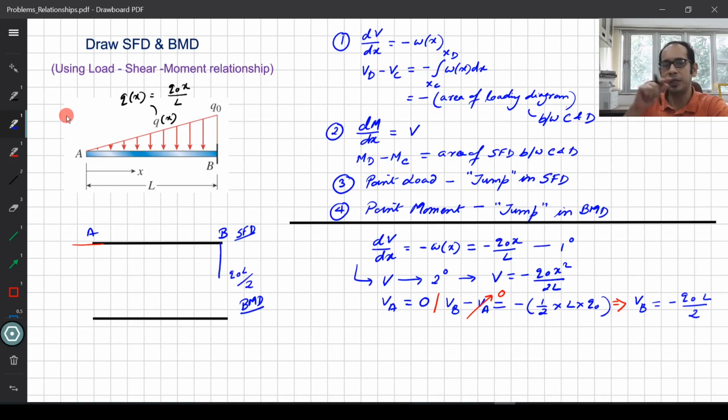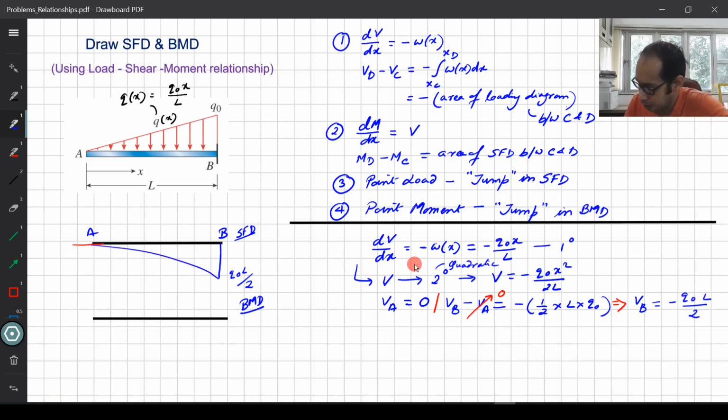And what is the variation from A to B? You're right, the variation is quadratic, because I've already found this one over here. So let's go ahead and draw the quadratic variation, like this.